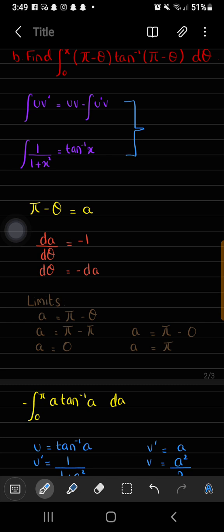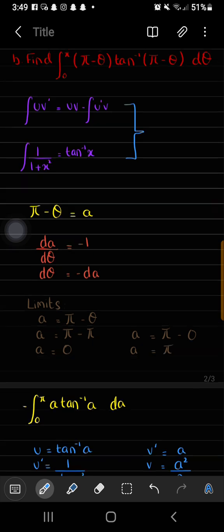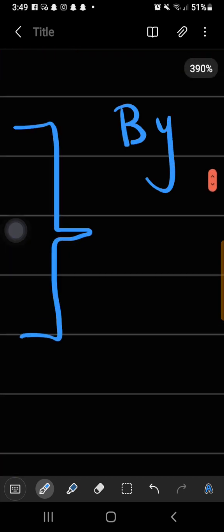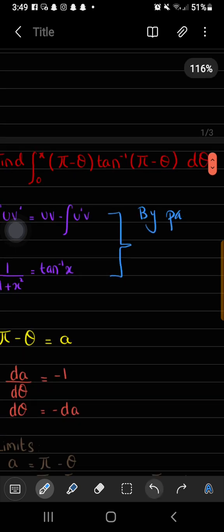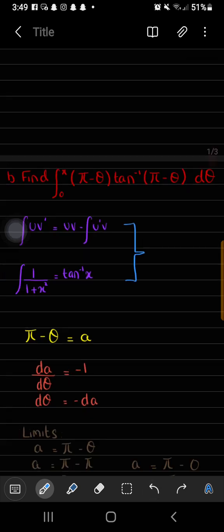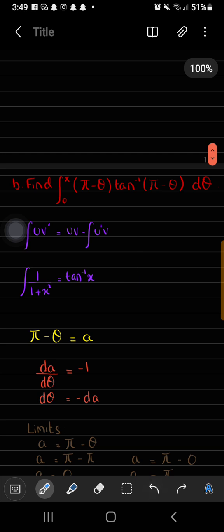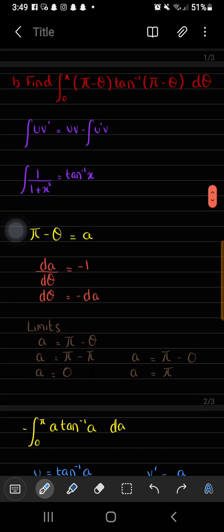So we have to know these properties by heart before doing this question, and we discuss these properties in our video of integration. This is known as the by parts method, which we are using, and the second is simple integration. Then we had replaced pi minus theta with a to simplify this function.